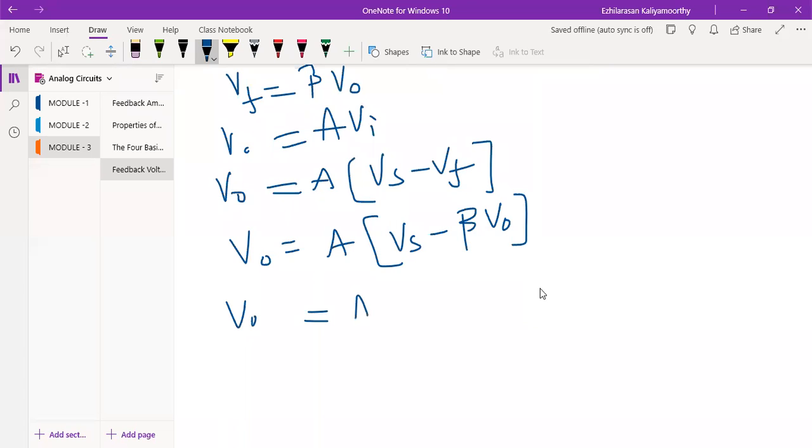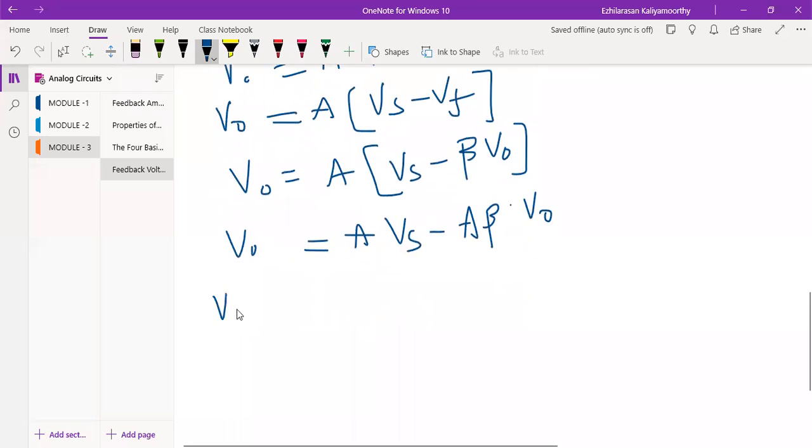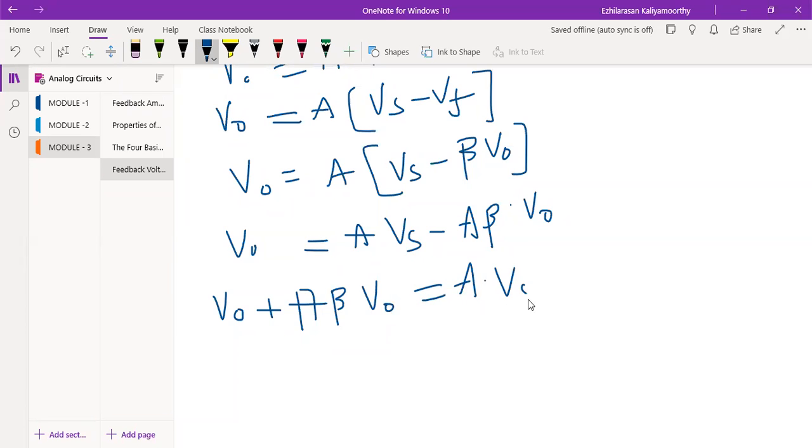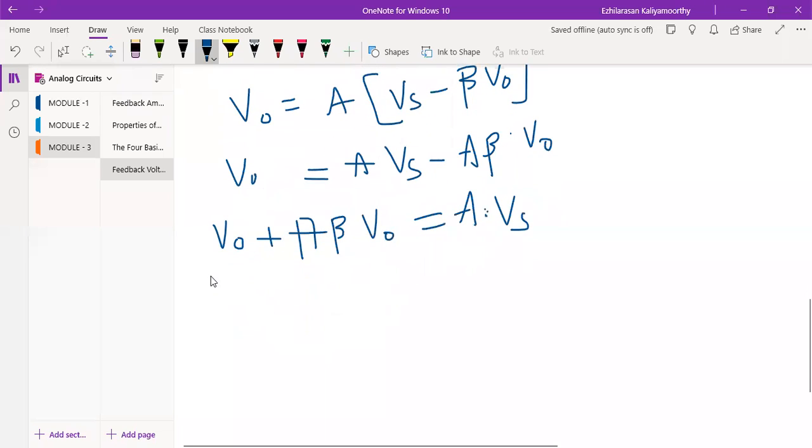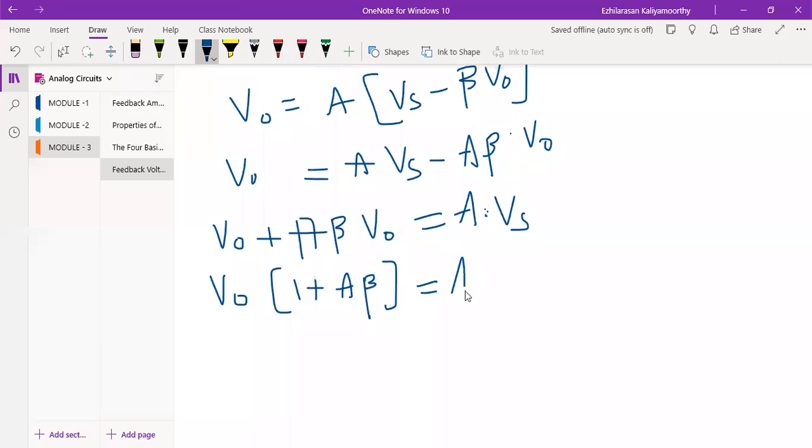V naught plus A beta V naught is equal to A into VS. Now take the common term V naught: V naught into 1 plus A beta is equal to A into VS.